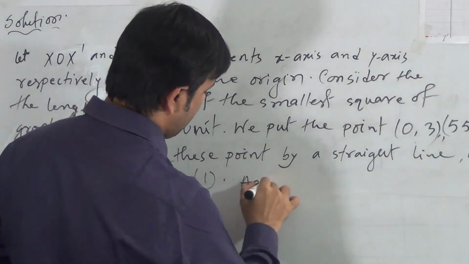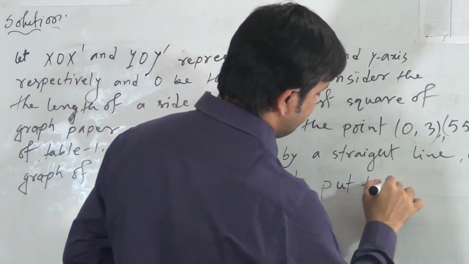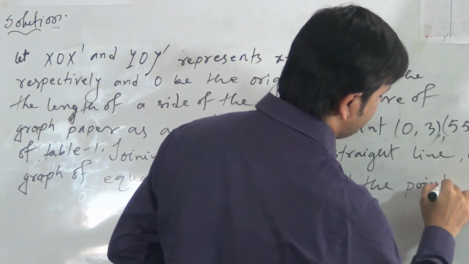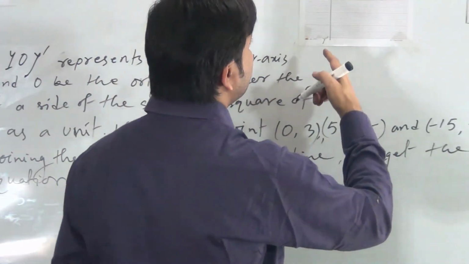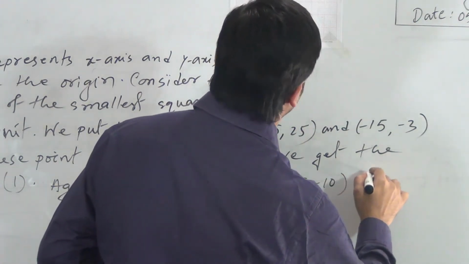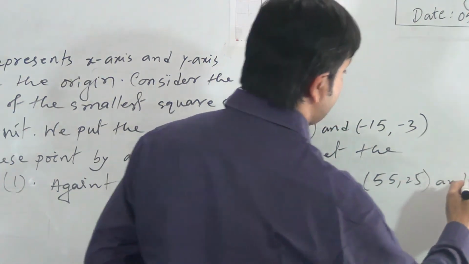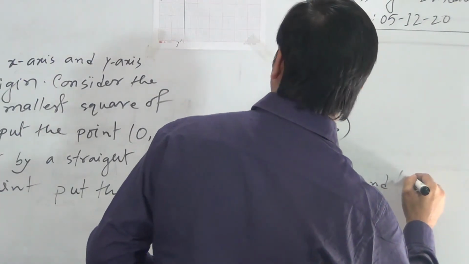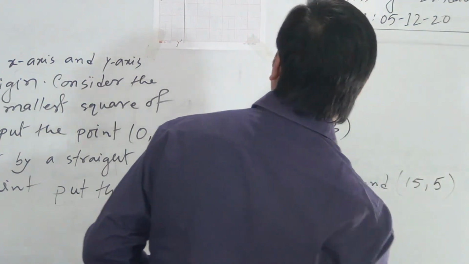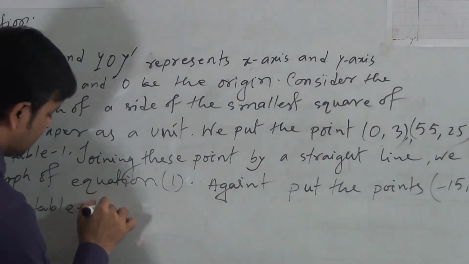Again, put the points. The points are minus 15, minus 10, 55, 25 and 15, 5 of table 2.